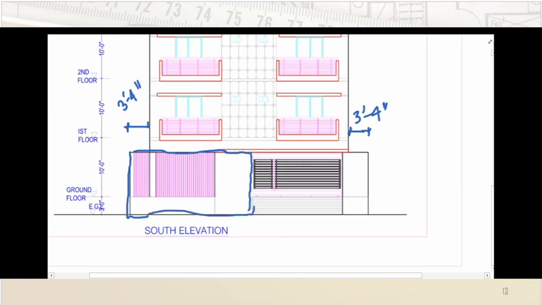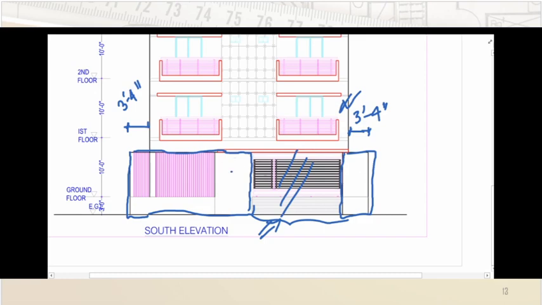This is the solid boundary wall. And this portion is the boundary wall, but there is an opening over there. There is no boundary wall over there, so that's why we can see into the building. So this portion is actually integrated with this building, not this boundary wall.